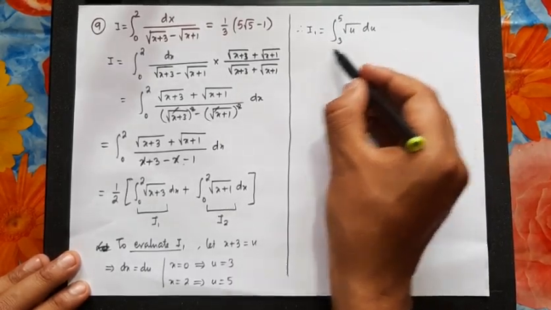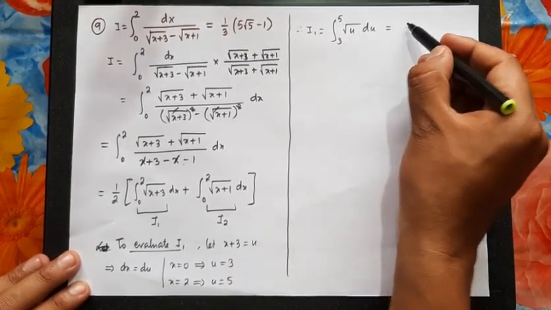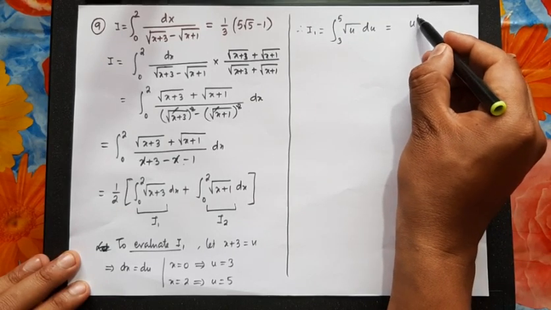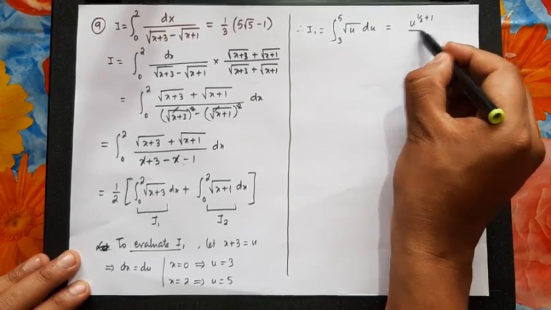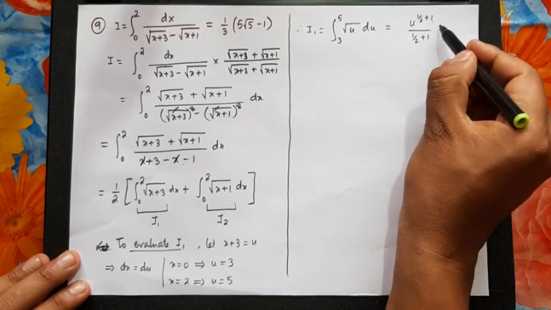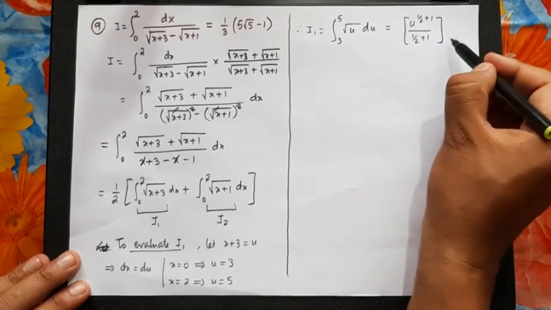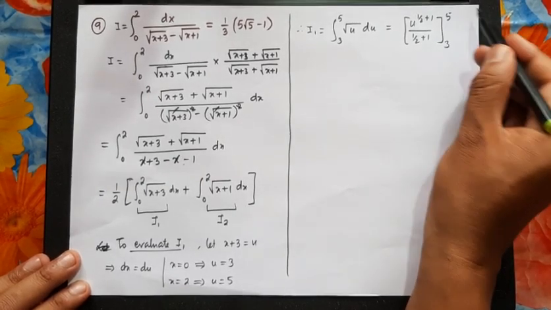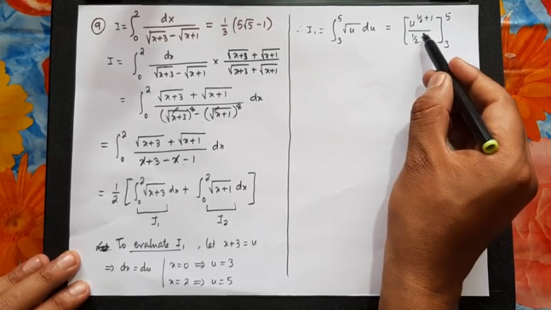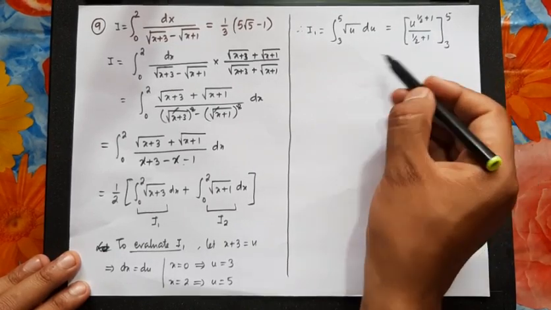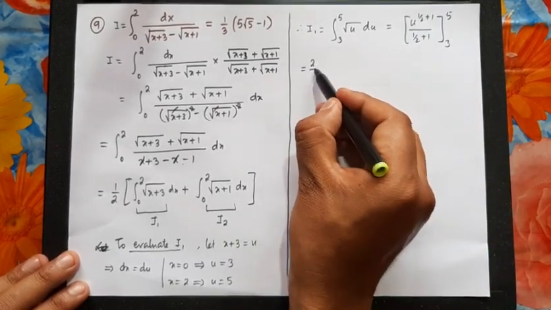So this will be equal to u to the power half plus 1 with lower limit and upper limit. Fine. So this is again 3 by 2. So after inverting itself, it becomes 2 by 3.